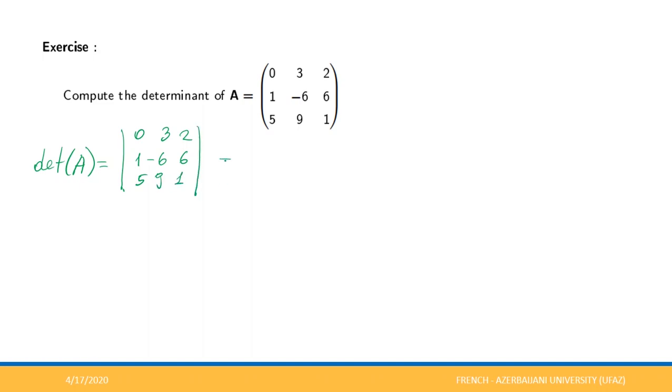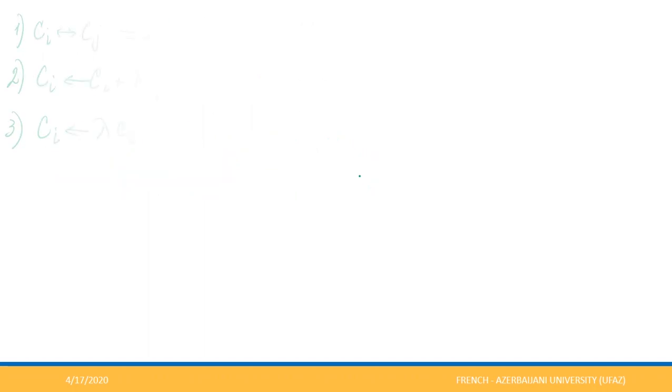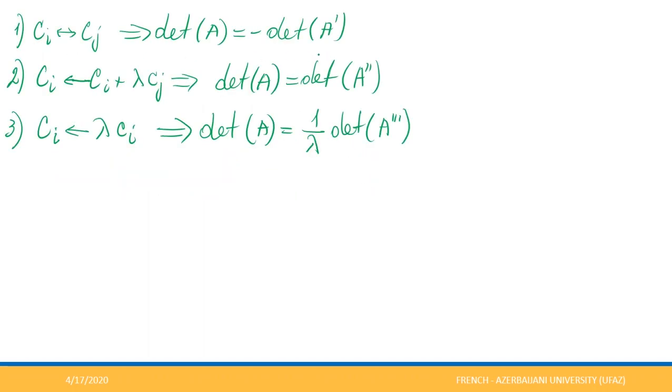This is equal to, here I will replace the first column and second column. It will be minus determinant 3, minus 6, 9, 0, 1, 5, 2, 6, 1. Here we use this property. Determinant A is equal to minus determinant of the new matrix.